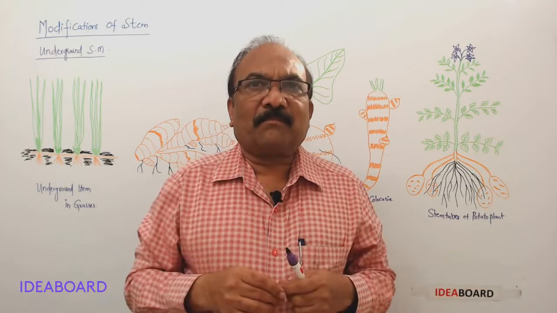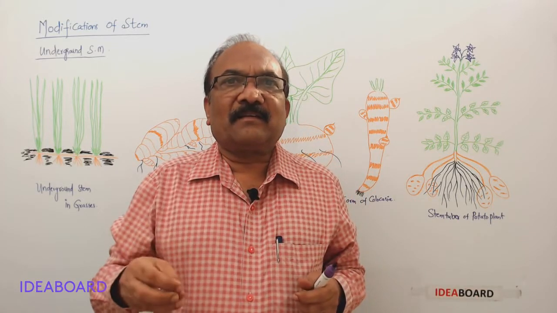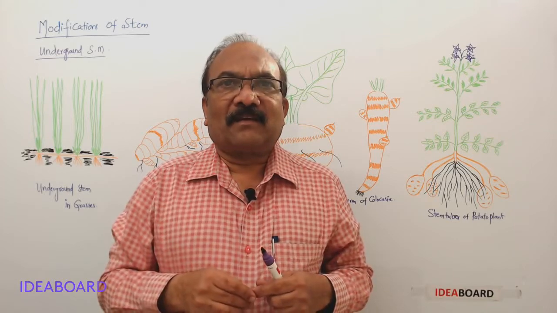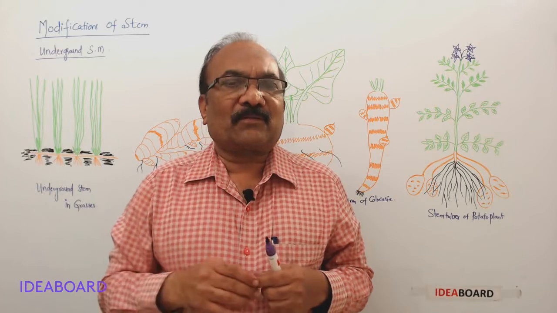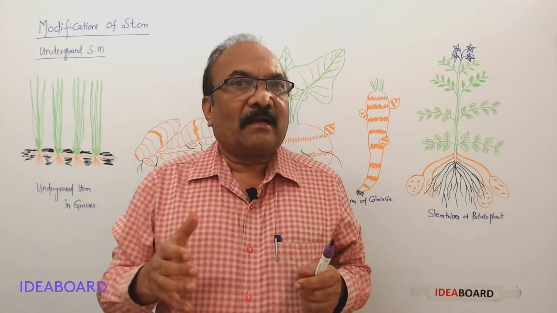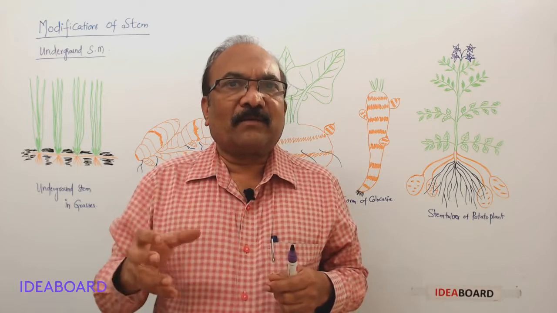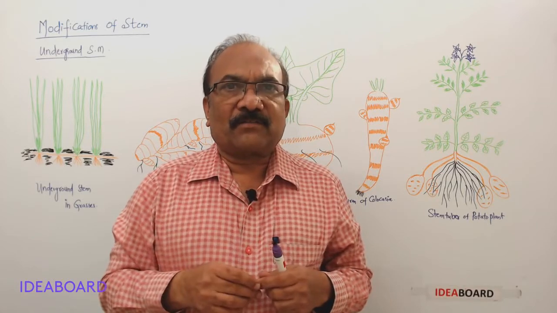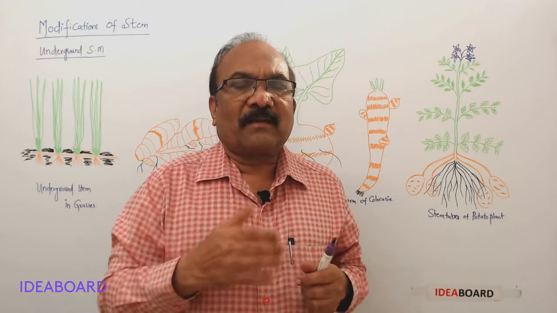But in some plants the stems remain in the ground, which protects them from herbivores. These stems are also protected from unfavorable conditions, which means they withstand unfavorable conditions.